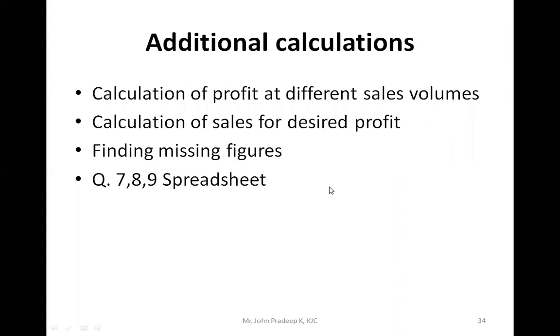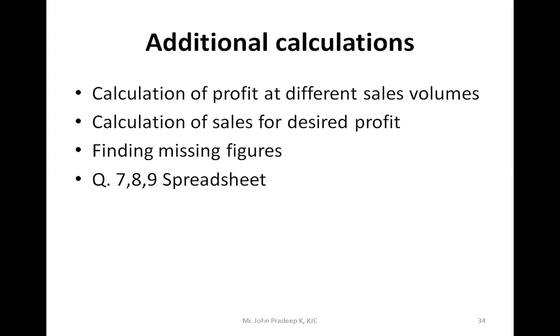So what additional calculations can I do using this break-even point technique? One is you can calculate profit at a different sales volume. That means they will give you a sales volume. If I'm going to do this much of sales, how much profit can I expect, or how much profit can I gain? And the second one, calculation of sales for desired profit. You have decided the profit. I'm going to earn 10 crores of profit this financial year.